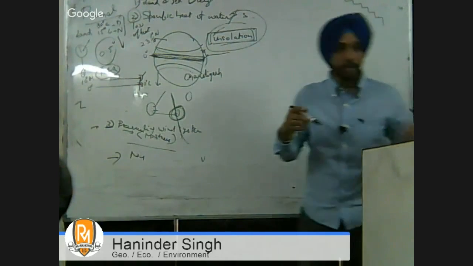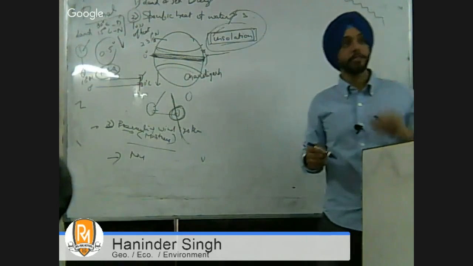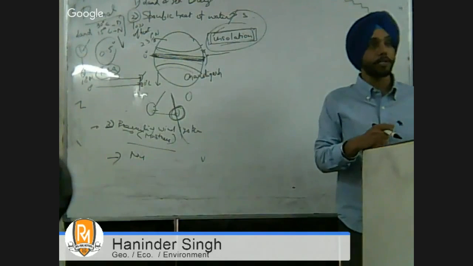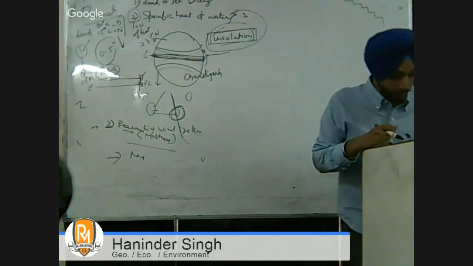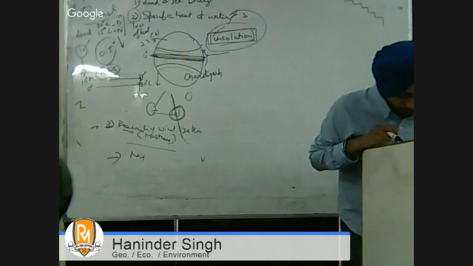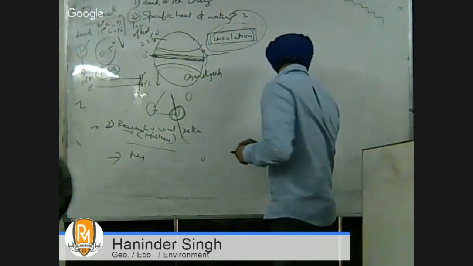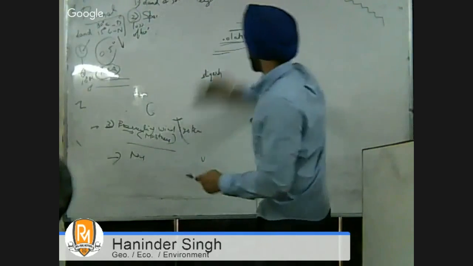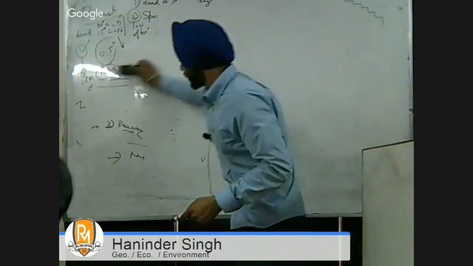Okay, the next point, the third factor which influences ocean temperature, is prevailing winds. How do prevailing winds influence the temperature? Simple reason.